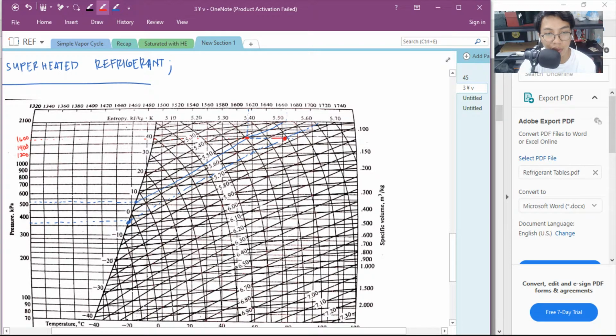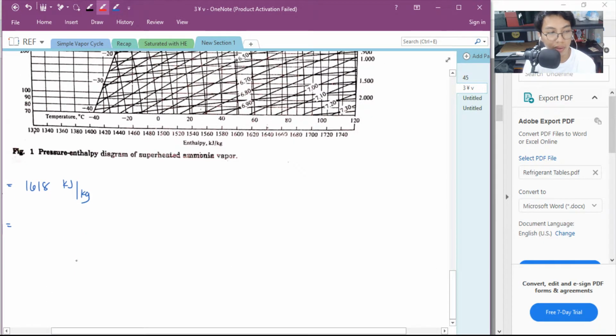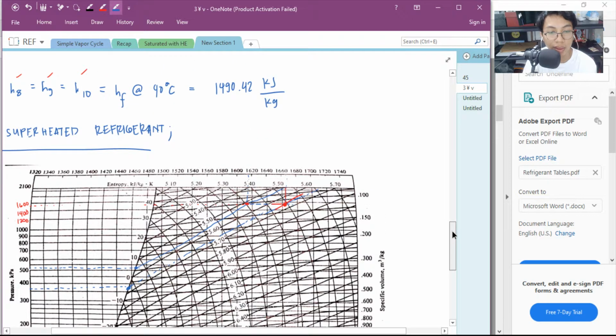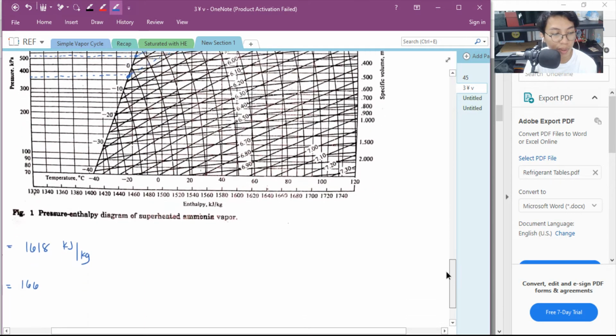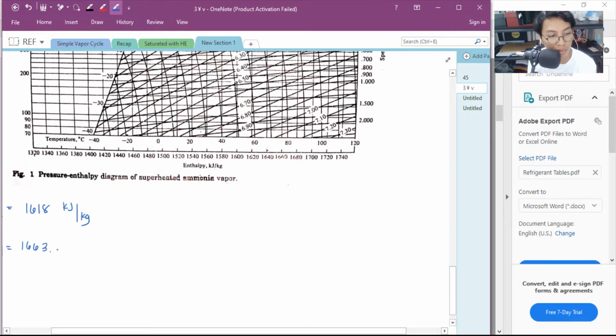Ito yung linya, tapos yan yung linya. That is 1663.5 kilojoule in every kilogram. Ganun lang po kadali yan.